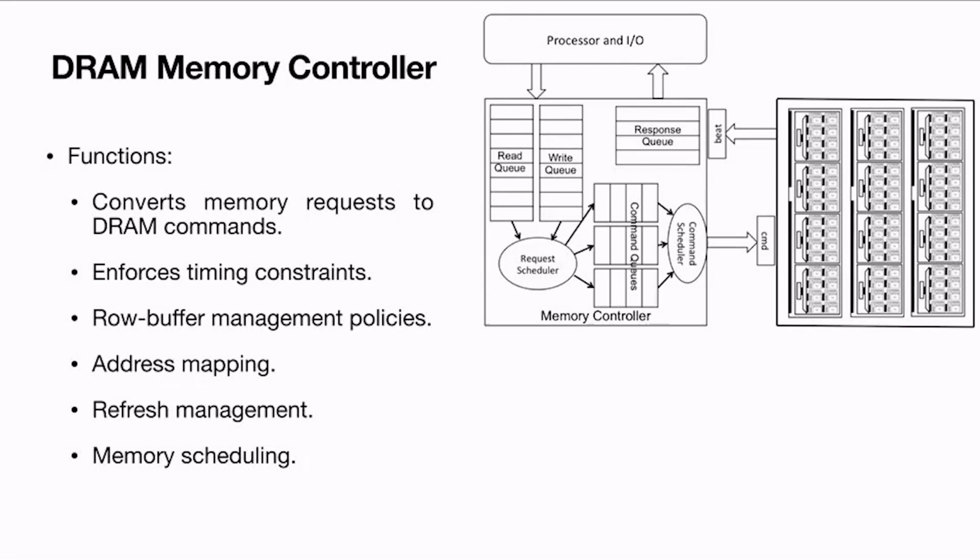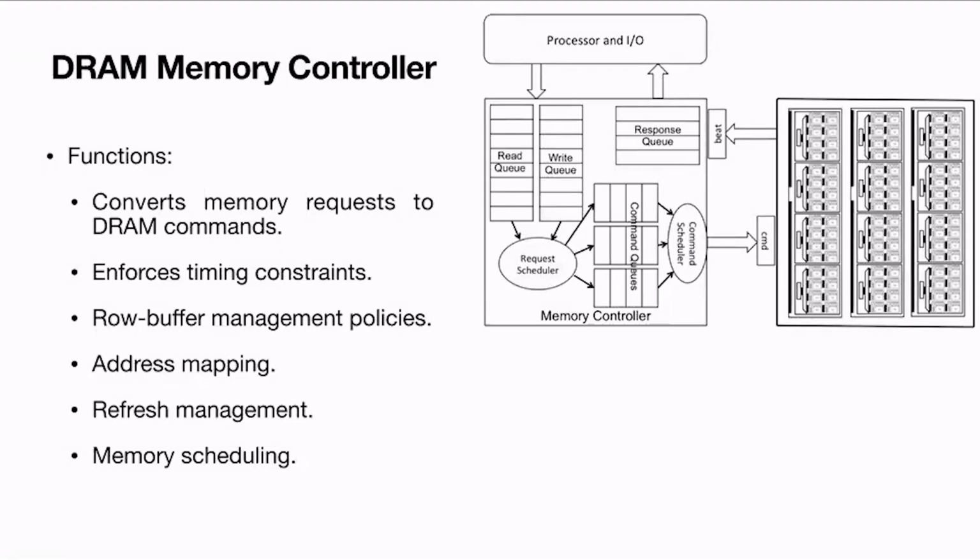When we read the data from a selected row and put it into the sense amplifier, in DRAM terminology this is called a DRAM page, which is typically 4 KB in size, or we also call it a row buffer. The sense amplifier is called a row buffer, where the DRAM row is stored. For each bank, only one row buffer is there, which stores only one row of data.